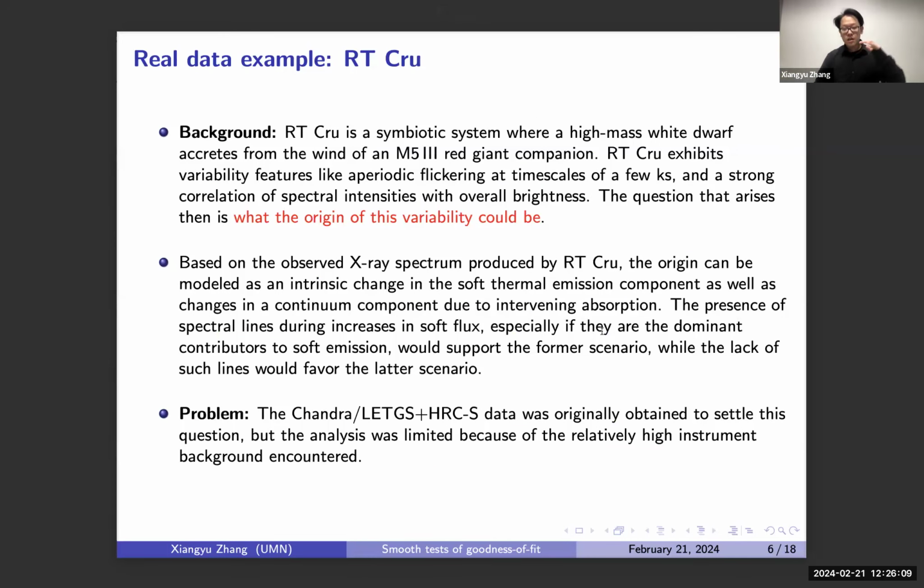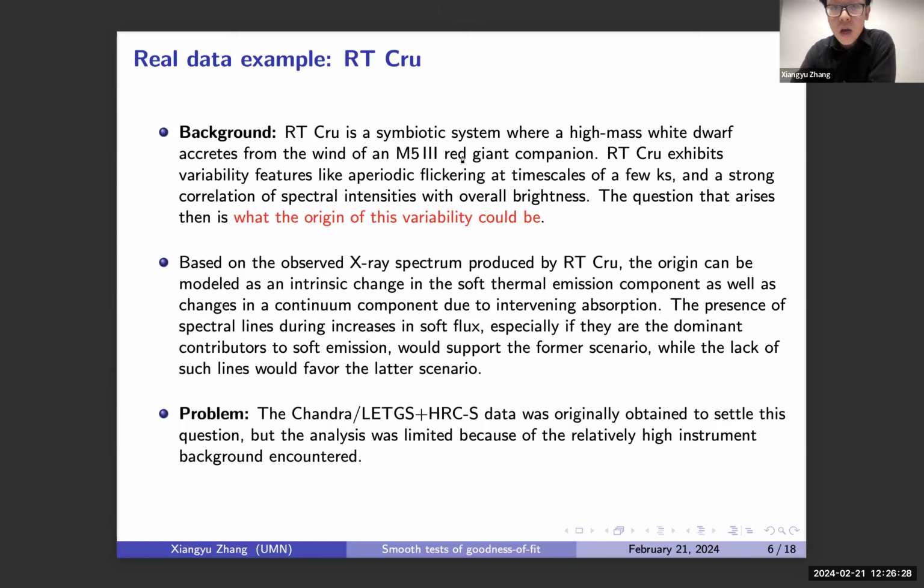Okay, so after seeing the previous methodologies, they can already be enough for us to solve some real data problems. The real data problem we are focusing on is about RT Cru.